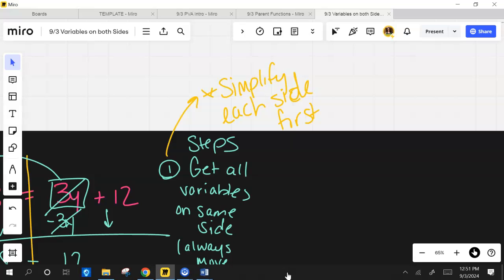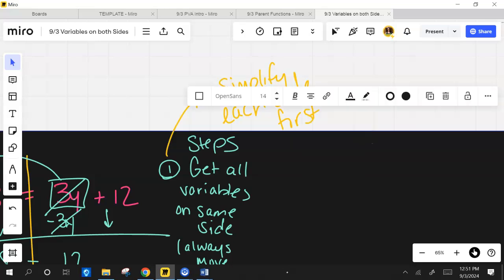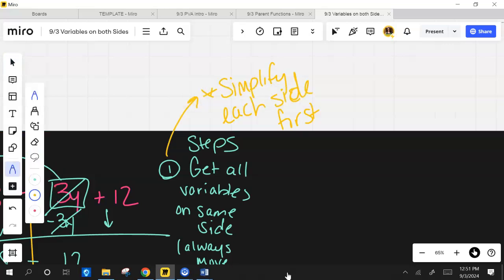Everybody sees where I'm writing on this? Simplify each side first. That's what we're doing right now, okay?